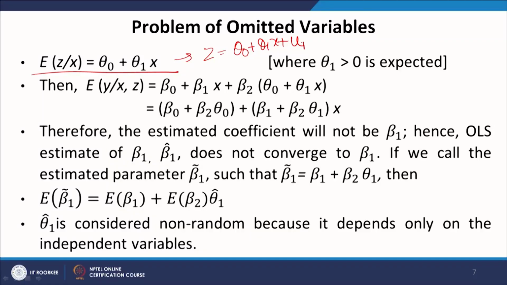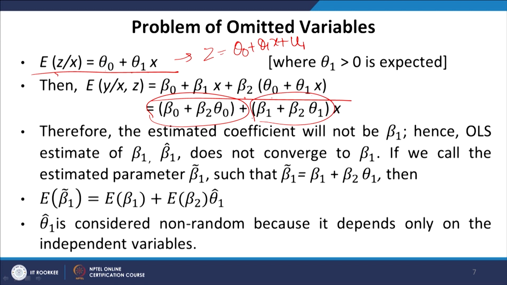In that case, the expected value of y given x and z will be something like this, because now I am replacing the expression for the expected value of z given x with theta naught plus theta 1 x. So, beta 2 into theta naught plus theta 1 x. Expanding, this is the intercept term and this is the slope term.